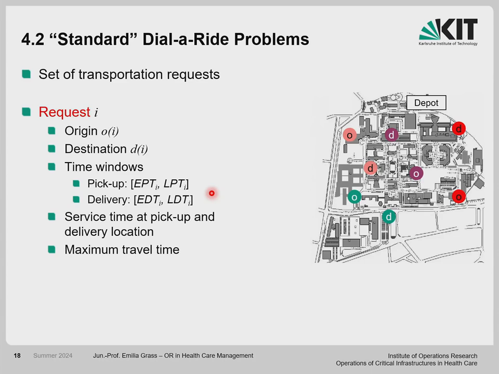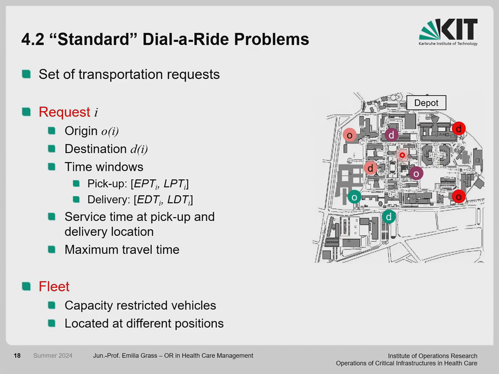And also the maximum travel time. So again, the patient shouldn't be transported, for instance, for more than 1 hour. Okay, this is what we have to tell the model: please pick up the patient on time, but don't travel with them over 2 hours or over the entire campus before reaching the destination node.